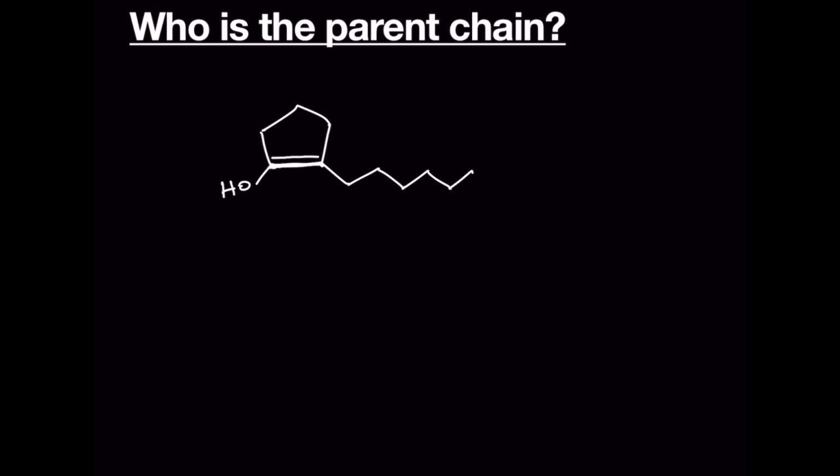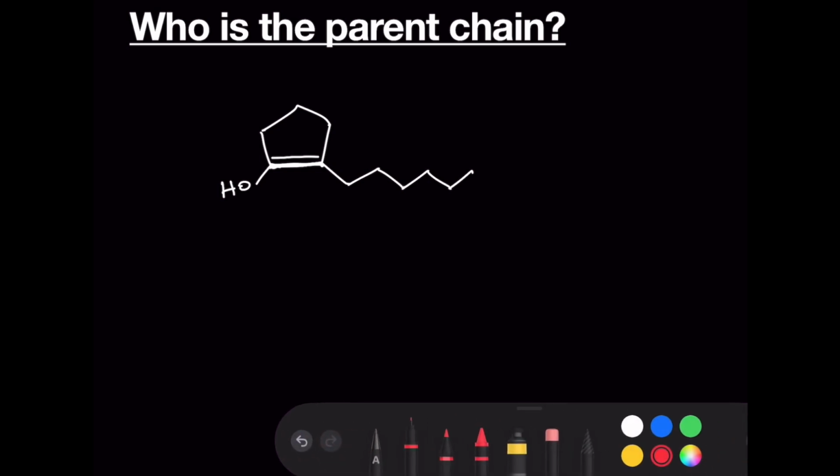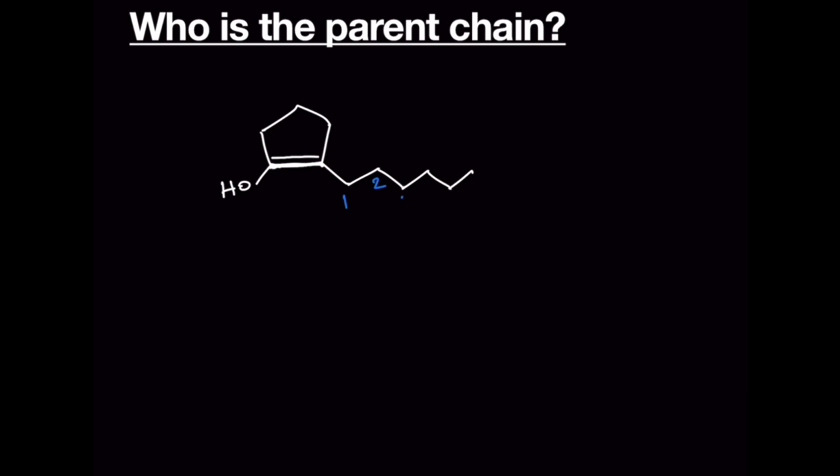Please feel free to pause the video once again and decide which one should be the parent now. In this case, initially you might think that this chain is longer, 1, 2, 3, 4, 5, 6. So obviously that should become the parent. No. Here we have a functional group on the cyclopentene ring, not cyclopropene, cyclopentene.